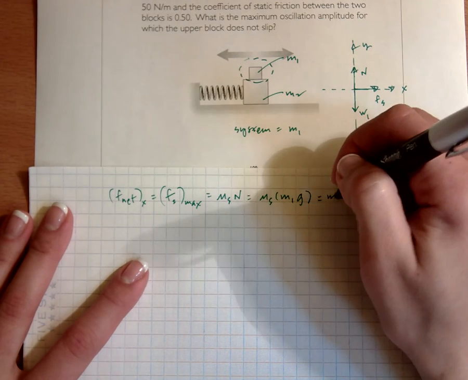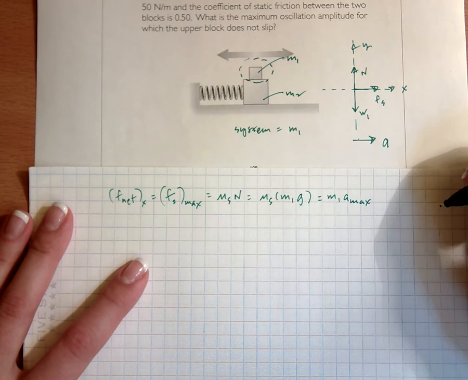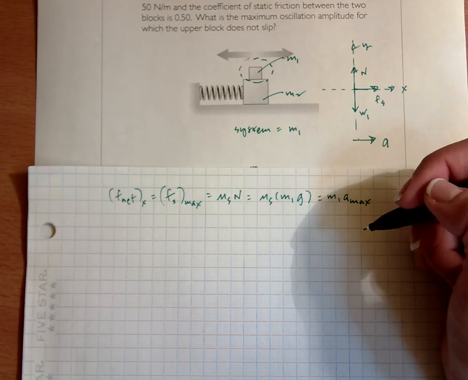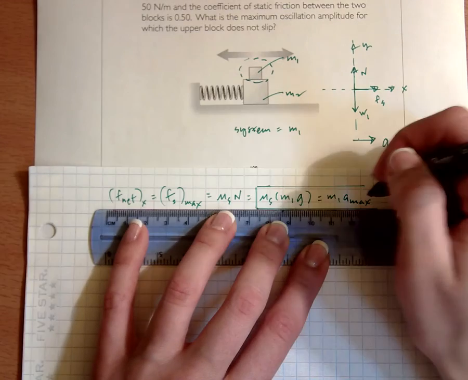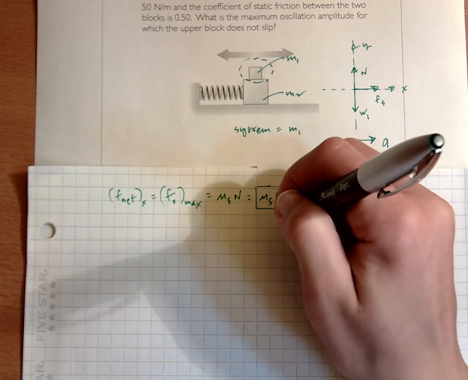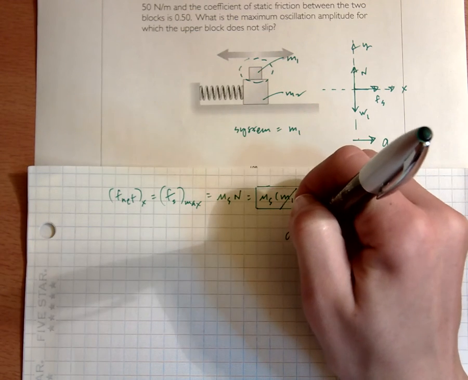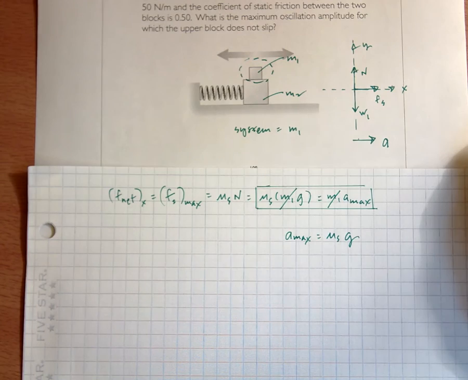We're also going to include the maximum acceleration. So now if I focus on this last piece here, divide both sides by M1, I get that the maximum acceleration is equal to the coefficient of friction times G.